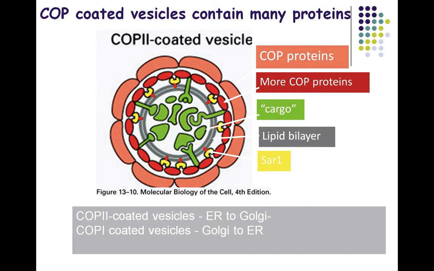Aside from the transport vesicle being coated by coat proteins, you can expect the cargo to be arranged in a manner that it can be associated with additional proteins on the outer layer of the transport vesicle. Here you can see the cargo in relation to coat proteins and the lipid bilayer.